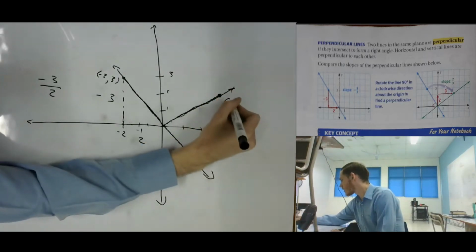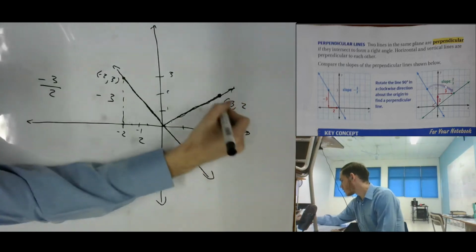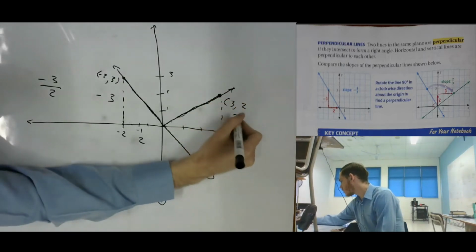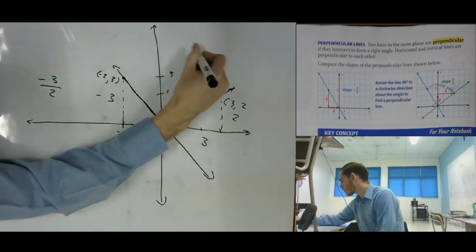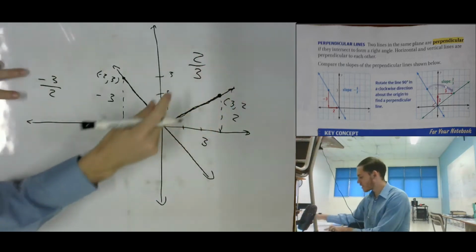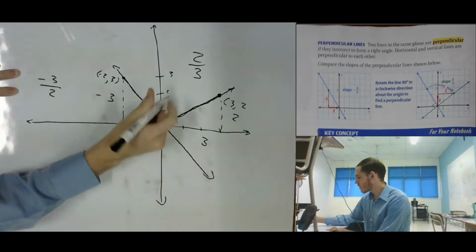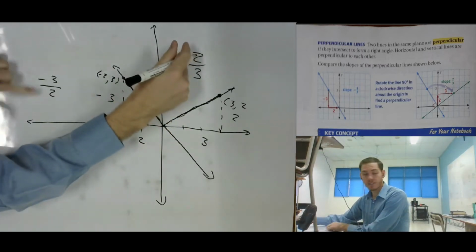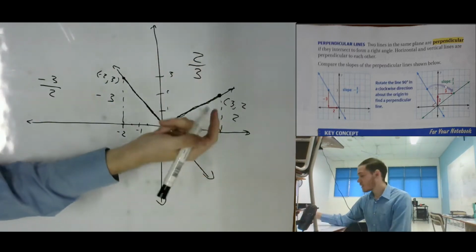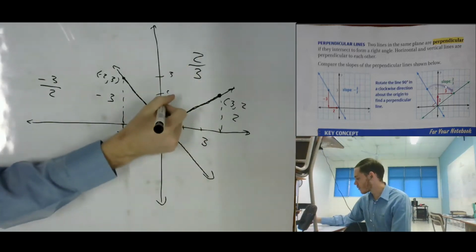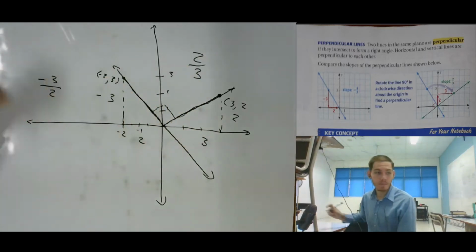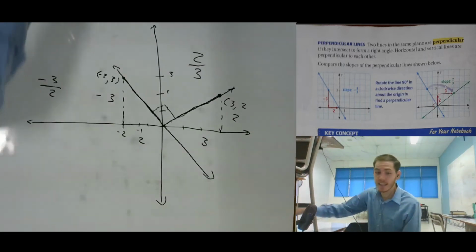So this is going to go through the point (3, 2) with a slope of 2 over 3. Notice, what's the comparison between these two? Well, first off, this has flipped, so it's a reciprocal. Secondly, it's positive where it was negative. So it is a negative reciprocal, is the answer.